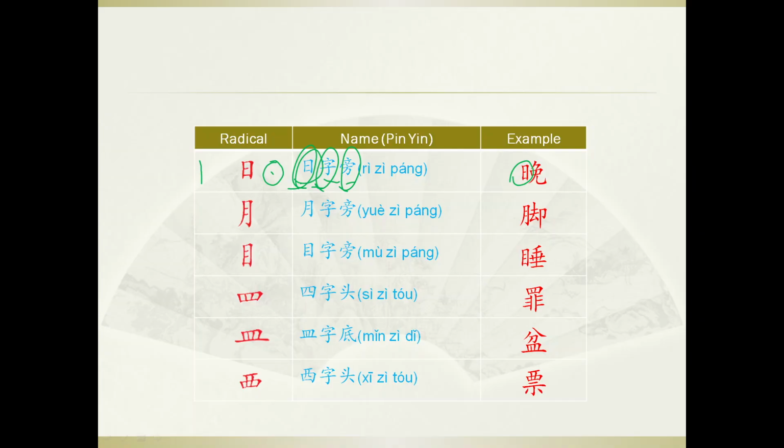Vertical, connected to the top, horizontal turn. Horizontal at the middle. Horizontal to close.